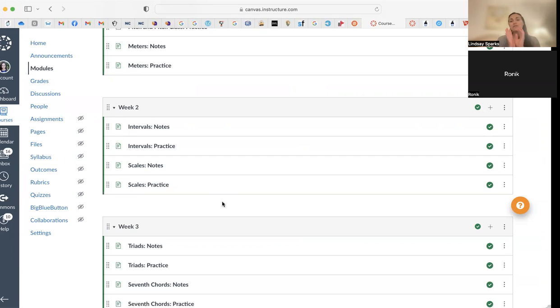So my advice for next week, I'm going to lay it out just like I have here: intervals Monday, practice on Tuesday, scale notes on Wednesday, practice on Thursday, and then we meet on Friday. But if there is a roadblock that you have with intervals, skip it and go to scales, and then come back to intervals later in the week, and we'll wrap it all together on Friday.